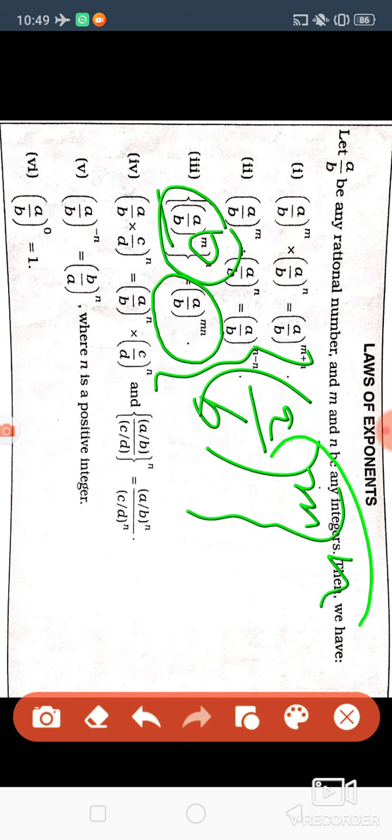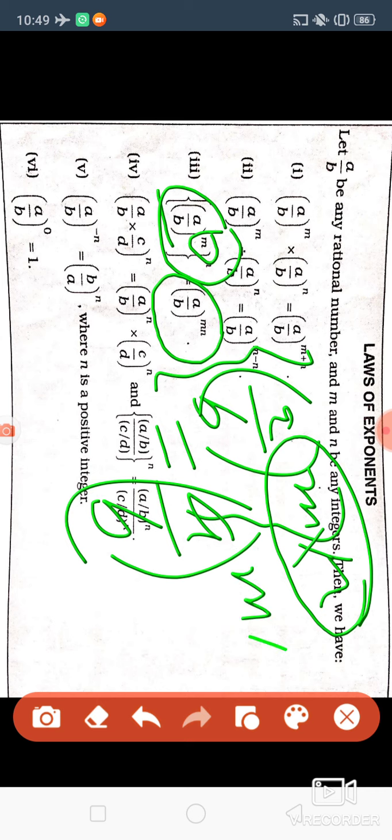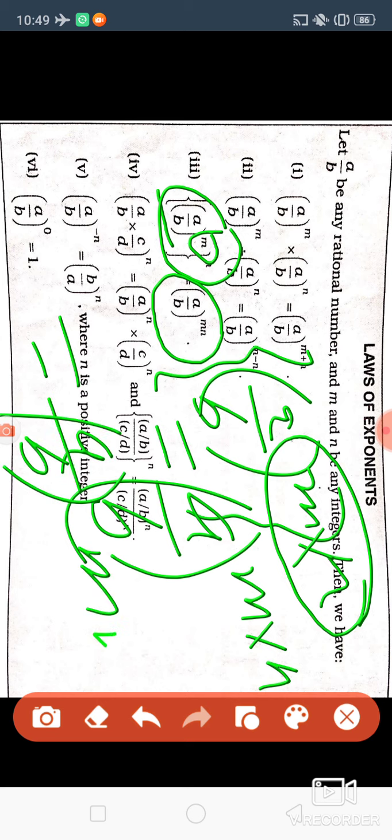Suppose if we get exponent upon exponent, then both these exponents will be multiplied. So overall what we'll get? (a/b) to the power m into n, isn't it? Or you can write in this way, (a/b) to the power mn.